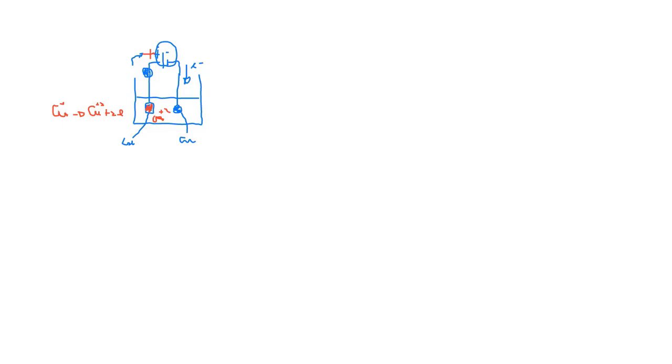And this is the anode. Don't confuse it with batteries. This is an electrolysis. We are forcing this copper to dissolve using an electrical current. So this is what is happening at the anode.